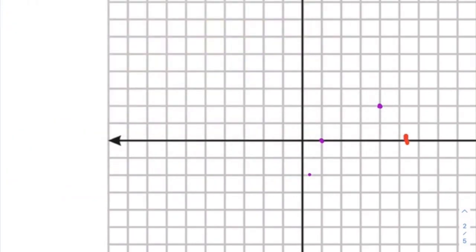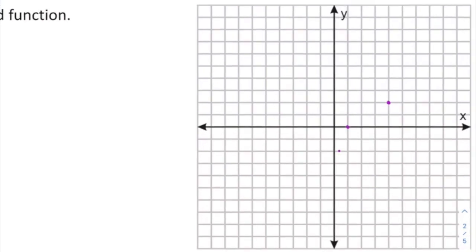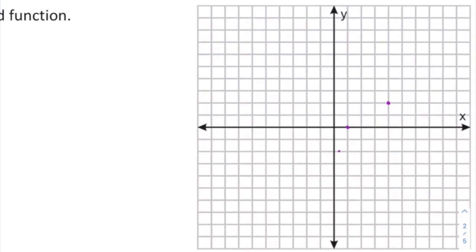And once those points are on the graph, connect the dots as best you can and put in your vertical asymptote.